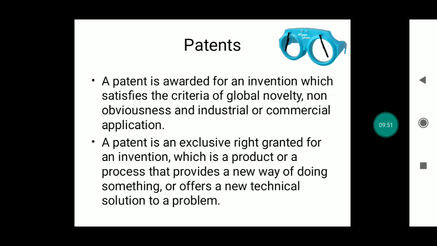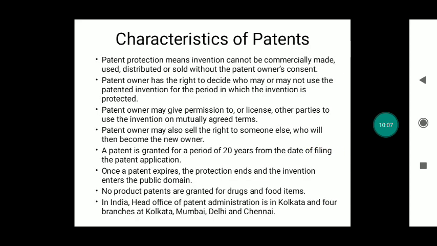A patent is an exclusive right granted for that invention only. Maybe it's a product or a process. It need not be all the time a real model in hand, that is the product. It can be a process also. And there are different characteristics, of course, for patents.